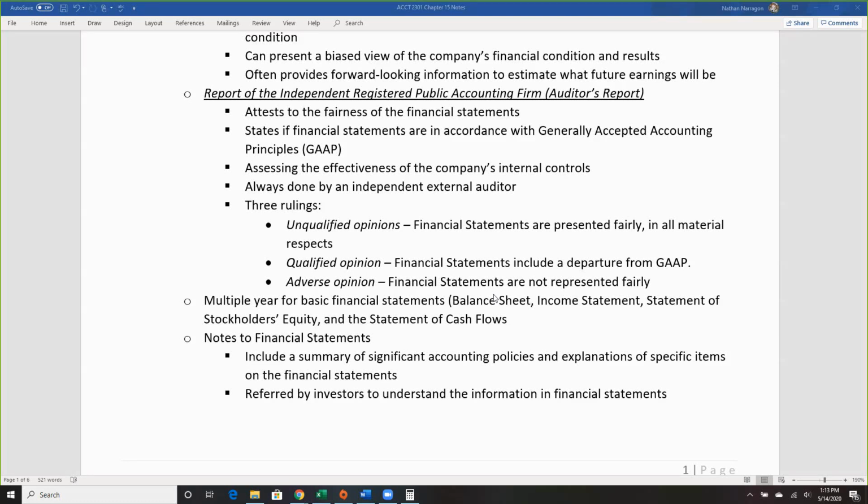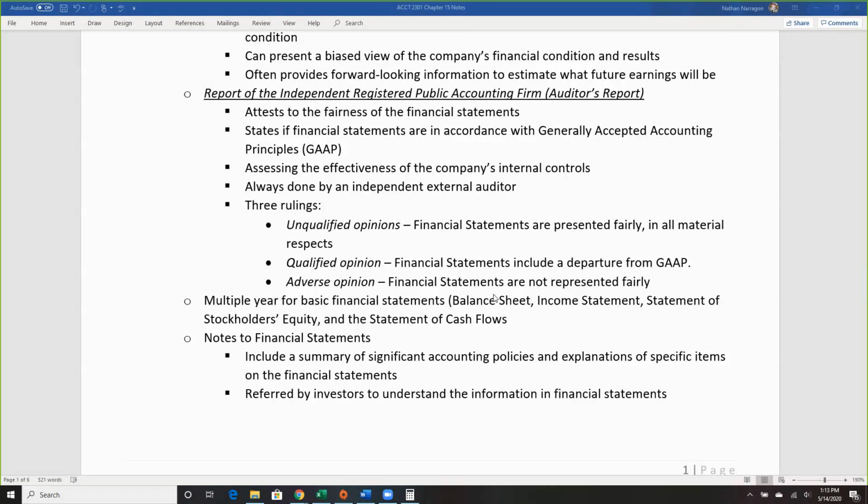And then, if they find out that the statements themselves are completely bad, they're going to issue an adverse opinion, which basically means the company better clean up their act very quickly, or they're going to receive penalties from the SEC, investors are not going to invest in it, and so forth and so on.